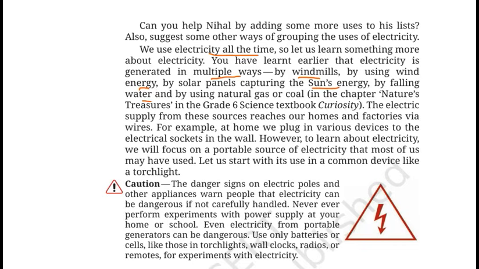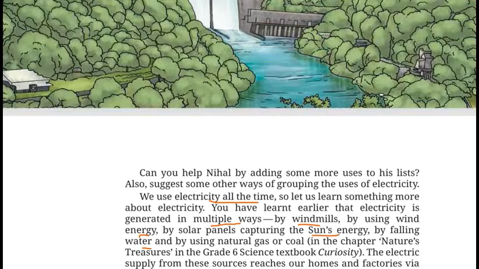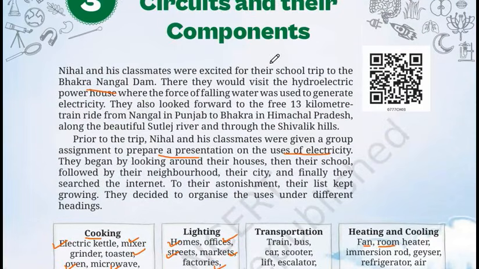Do you know, students, in the beginning of the chapter, we learned that Nihal and his classmates were going for a school trip to Bhakra Nangal Dam. Okay, in Bhakra Nangal Dam, they visited the hydroelectric powerhouse where electricity was generated from the force of falling water.